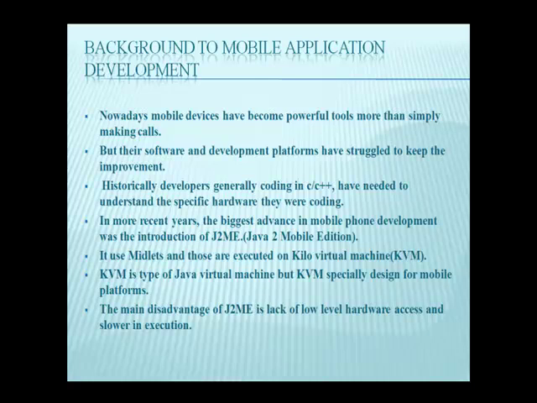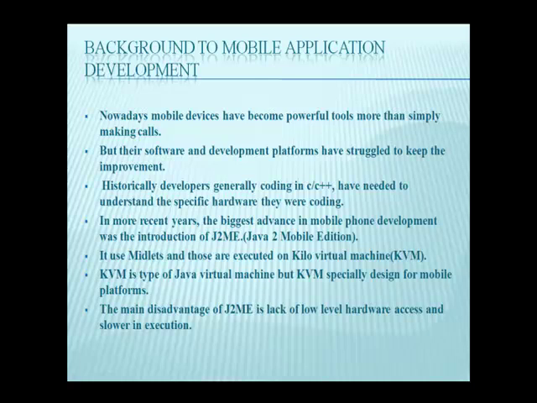Nowadays, mobile devices have become powerful tools, more than simply making calls. But their software and development platforms have struggled to keep up with the improvement. Historically, developers, generally coding in C and C++, have needed to understand the specific hardware they were coding for.